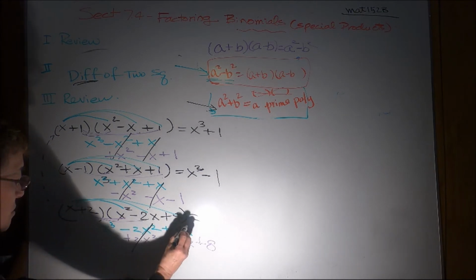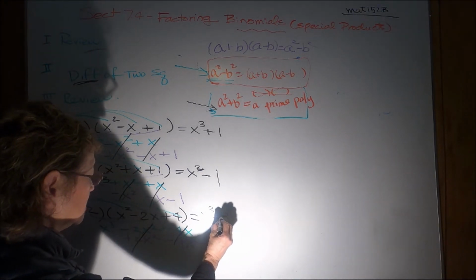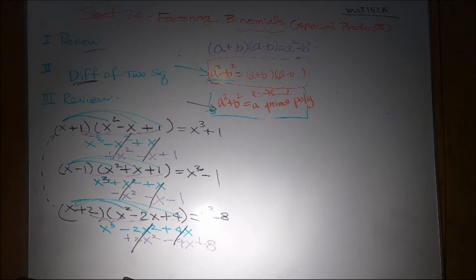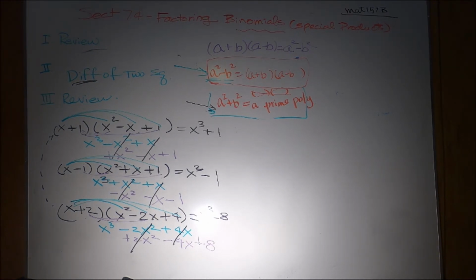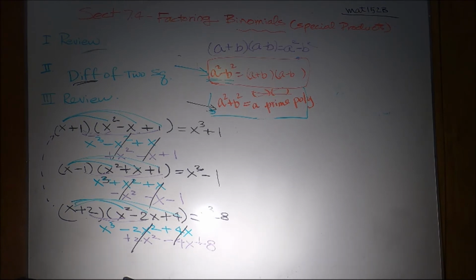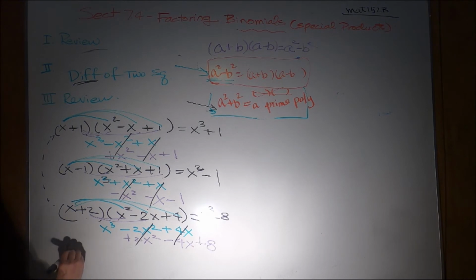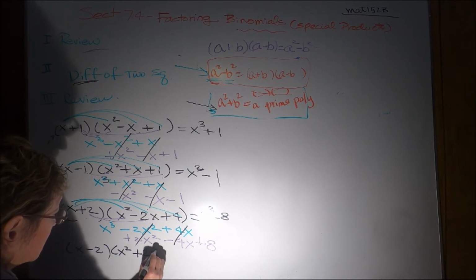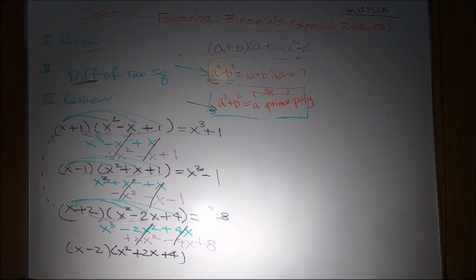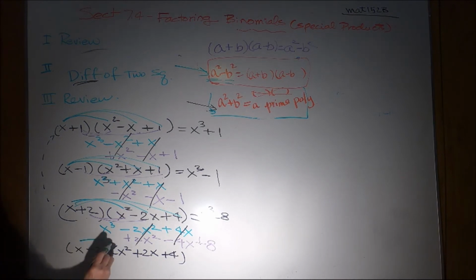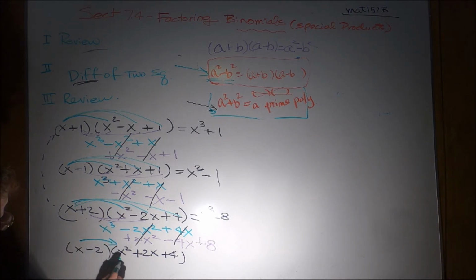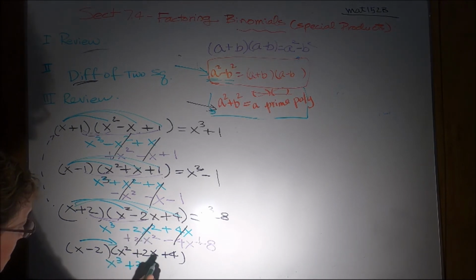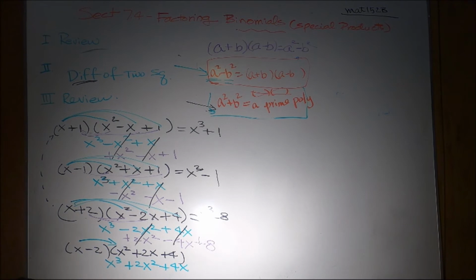Then I cancel out the middle term. What do I have? I still end up with a what? Binomial. Right? Let's look at another one. Minus 2, opposite sign. The rest of them are the same. So when I do that, the first one you multiply them, that will be all the positive, plus 2x squared plus 4x, right?